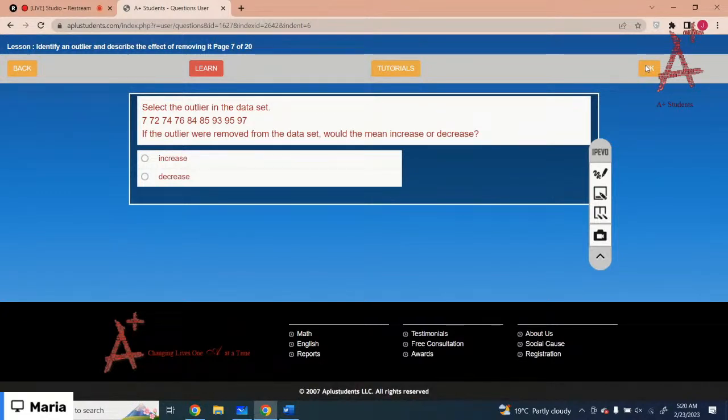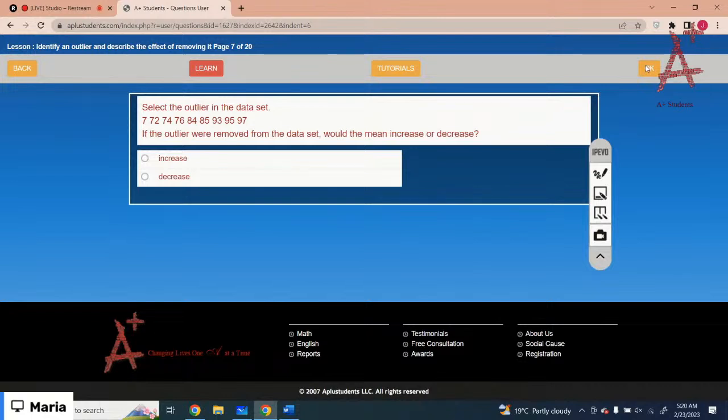Select the outlier in the data set. So which is the outlier? The numbers are 7, 72, 74, 76, 84, 85, 93, 95, and 97. So which is the outlier? Yes, 7 is the outlier.